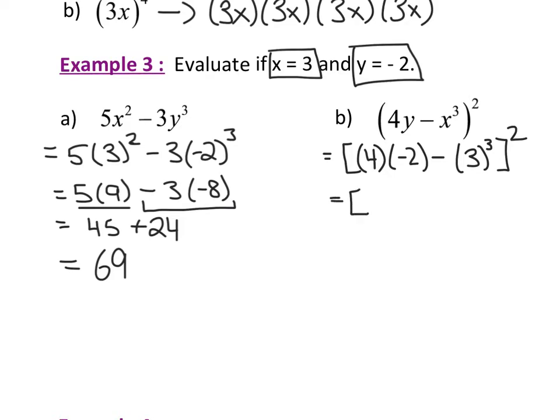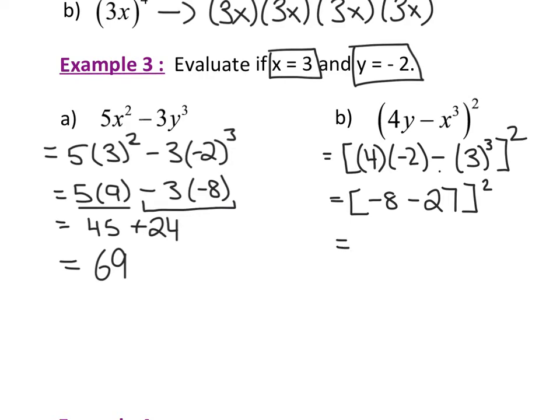Sometimes some people prefer to do it one step at a time, but you could do a couple things at once. So I know that I could also do 4 times negative 2, which is negative 8. And then I can now work on that exponent question because they didn't interact. They didn't interfere with each other, right? So 3 to the power of 3 is not 27, it's negative 27 once I drop the brackets, right? Because of that negative side note in front. All of that is still to the power of 2.